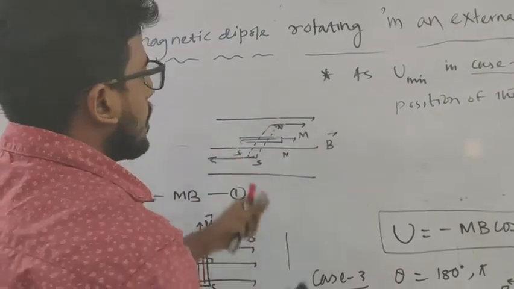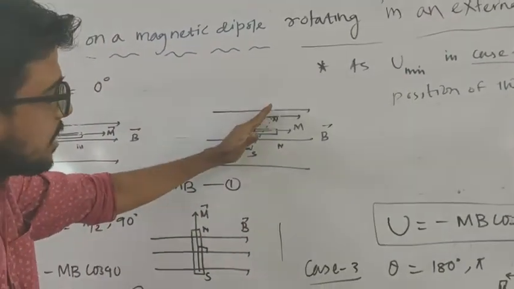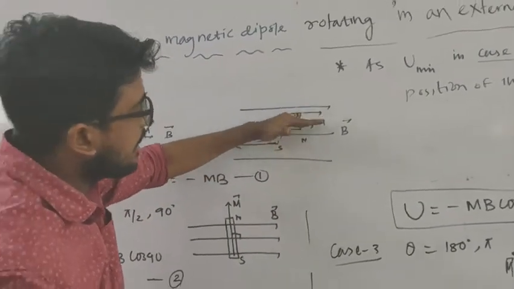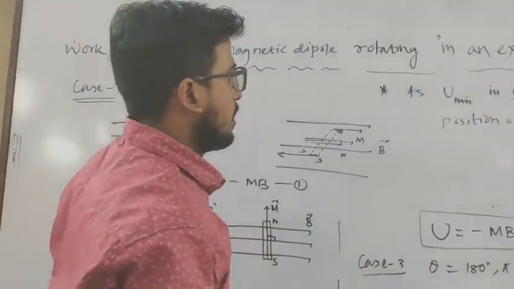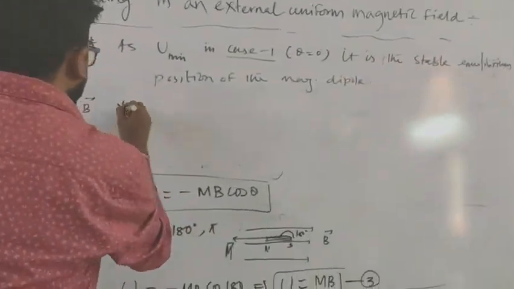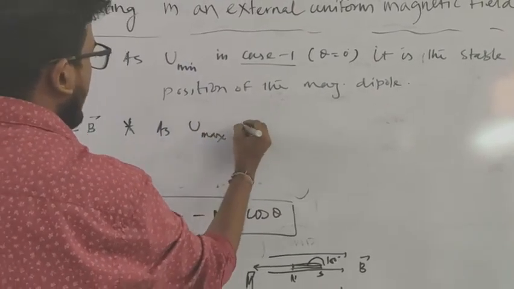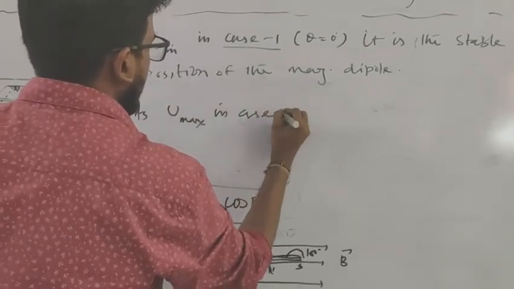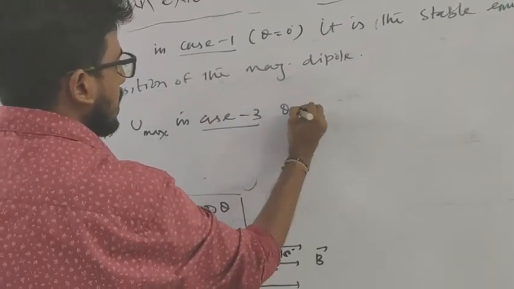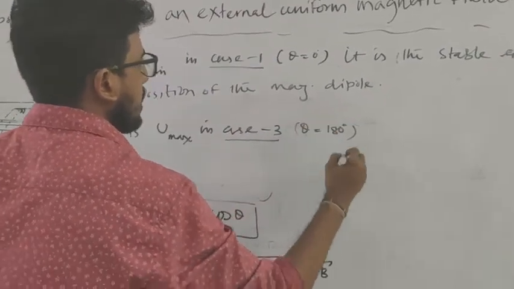Stable equilibrium. Stable equilibrium means if we slightly disturb this dipole from this position, it can again regain its initial position. Clear?